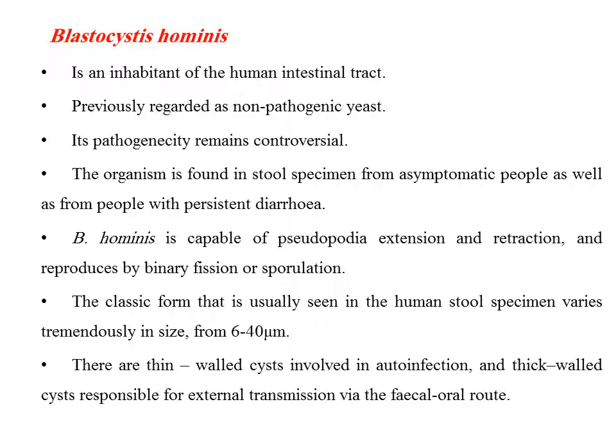Other criteria: the classic form that is usually seen in human stool specimens varies tremendously in size, not a unique or limited size, but ranging from 6 to 14 micrometers. It is a very wide variation in its size, from 6 to 40. It is very different in length.